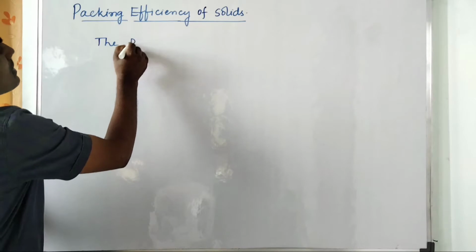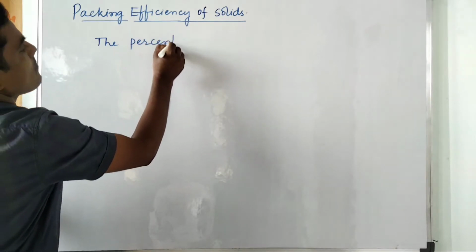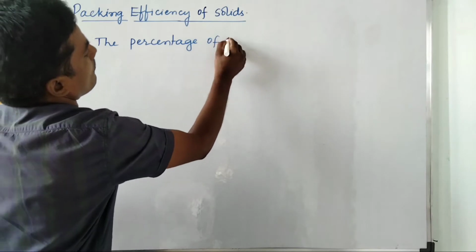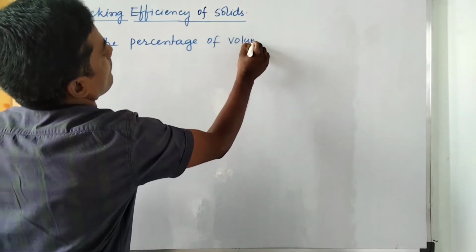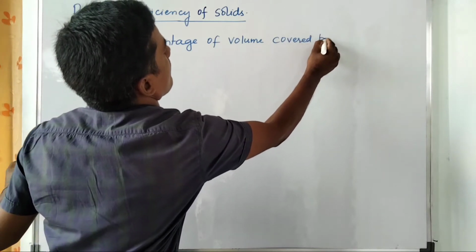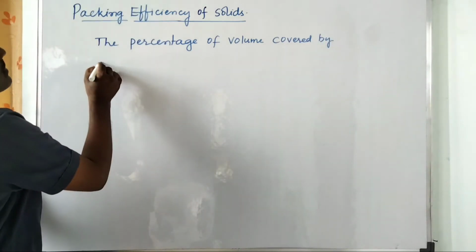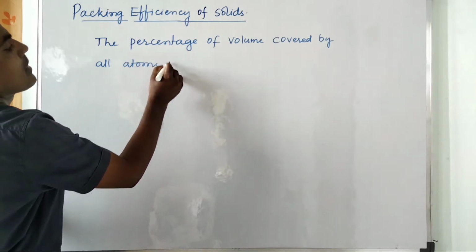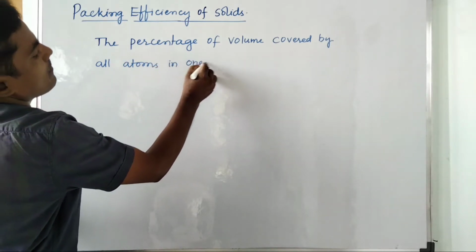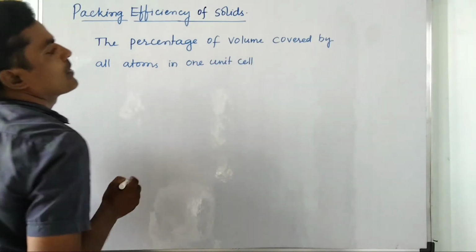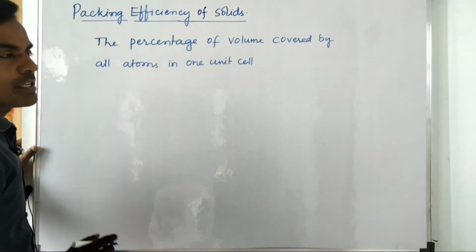Okay, the percentage of volume covered by all atoms in one unit cell is called packing efficiency.